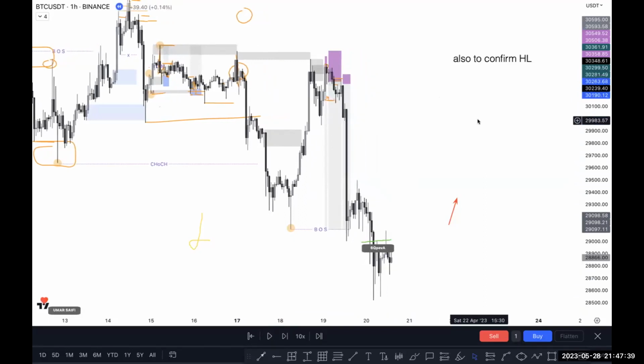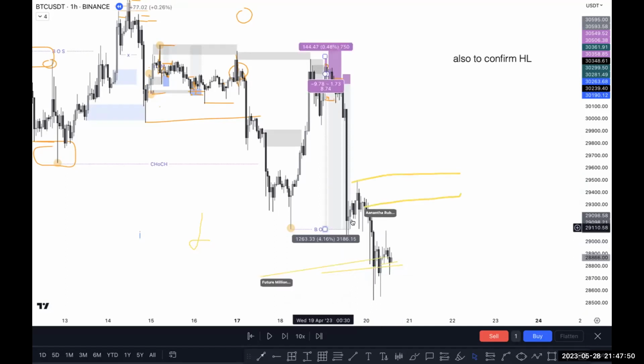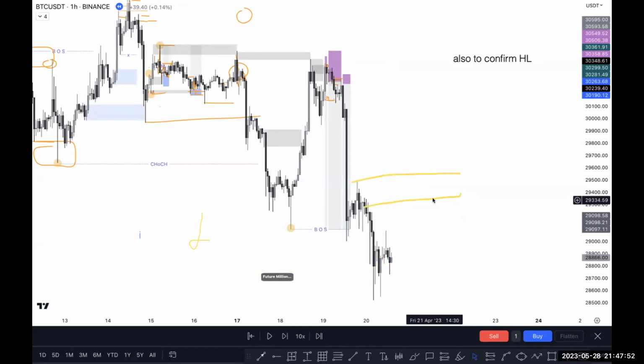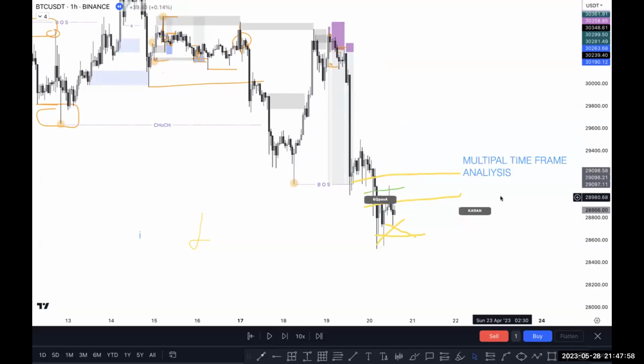Also to confirm the higher low, the higher low is confirmed when the market closes below it. So right now it just grabbed the liquidity at this point, and the market closed below it. So this point becomes our valid break of structure. And now we can take risk here for the sell. So where is our inducement?